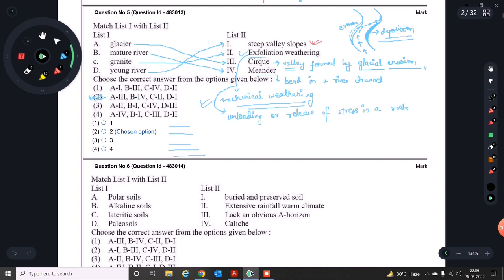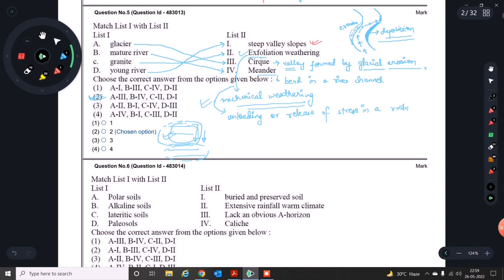Like this. Suppose some rock beds are there, one over another. Suddenly these parts, suppose due to faulting or due to extensive erosion, get removed, and only these parts are left now. So there is unloading, right? This was loaded over it, but now it is unloading. Or you can also say there is release of stress.